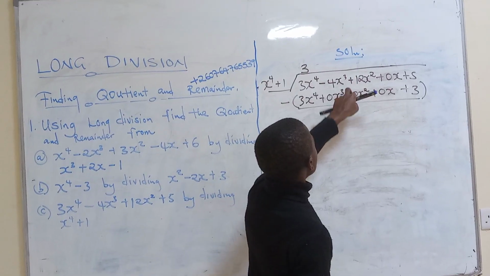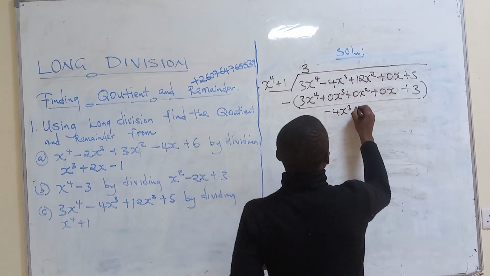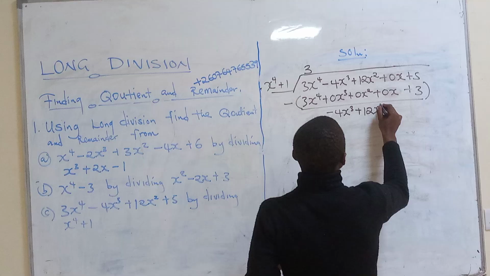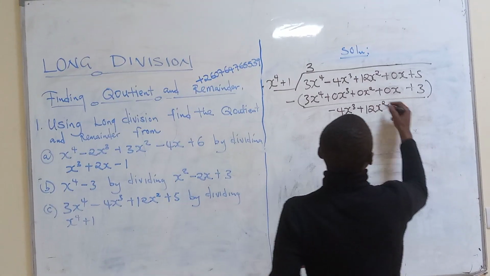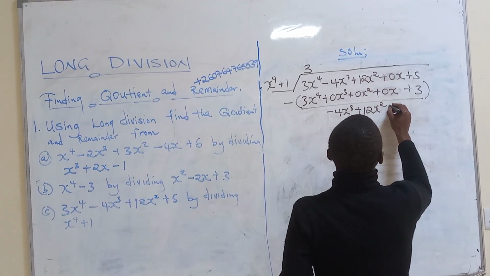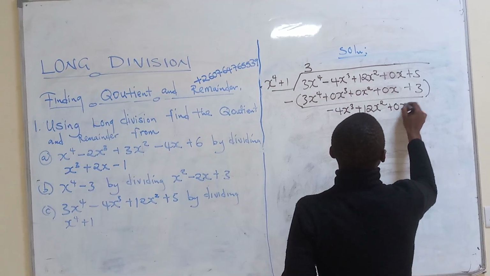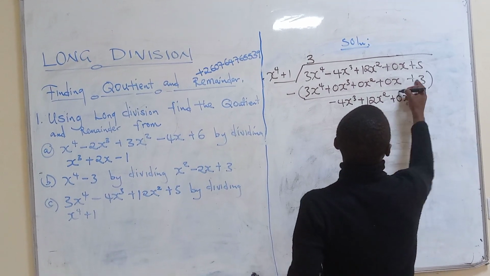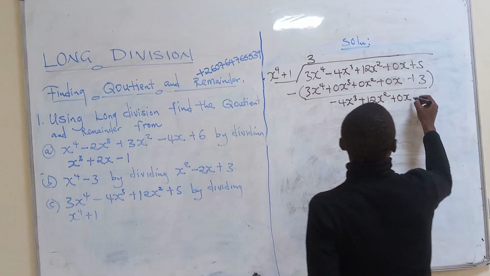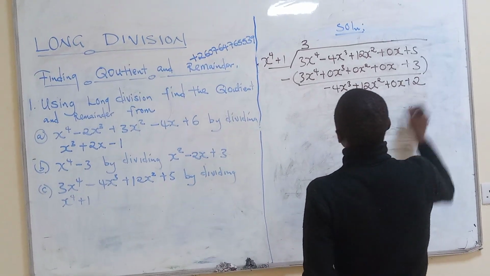And then also here, that is positive 12x squared, plus 0x there, that is a minus, so I'm going to get positive 2x.